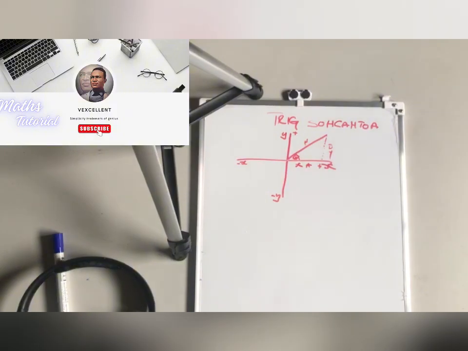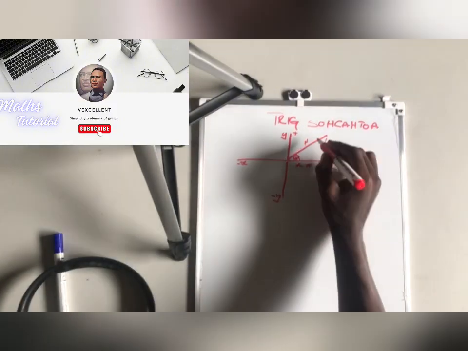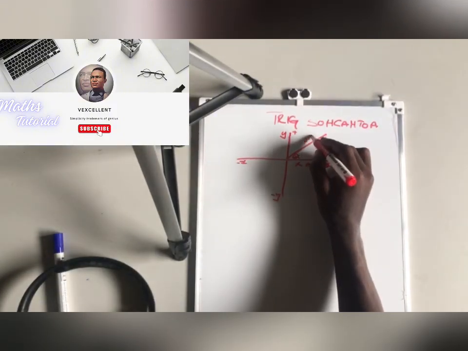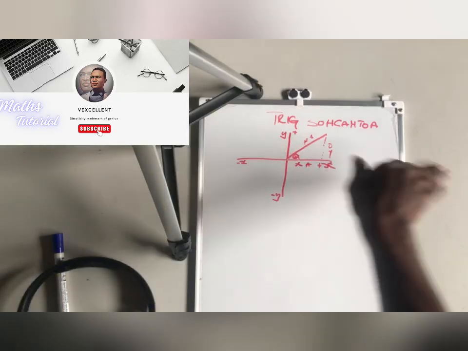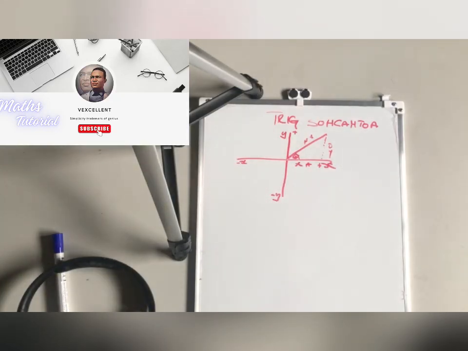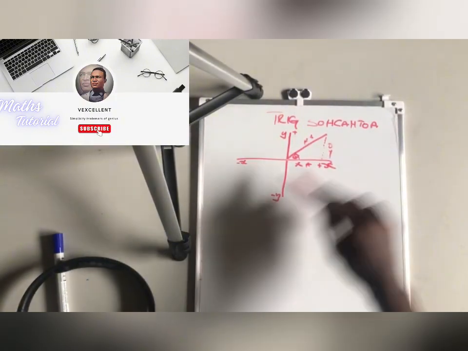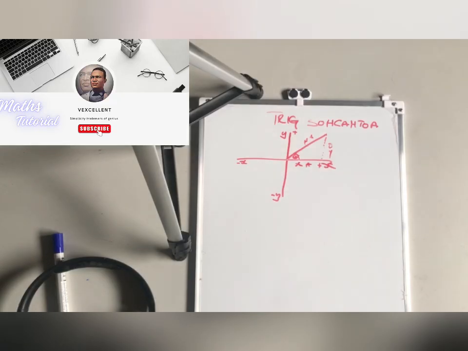Our hypotenuse is our r, our radius in the circle. Our line of inclination is our radius. I want you to know them not only by SOHCAHTOA, because that's just a formula to help us memorize, but to know the lines: the line of y, the line of x, and the arm line, which we call a radius.